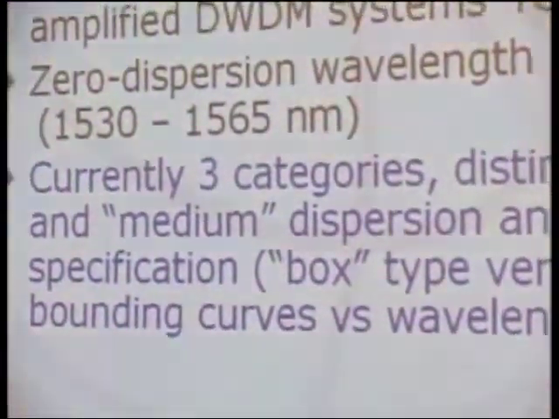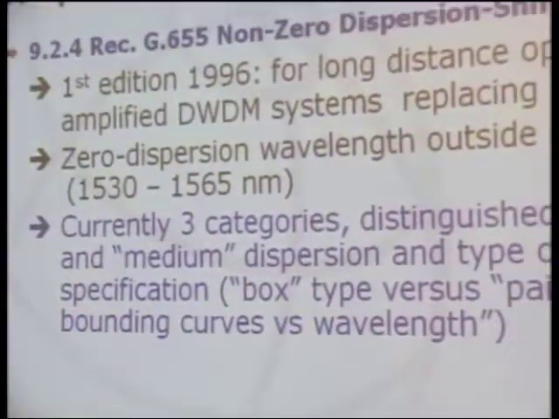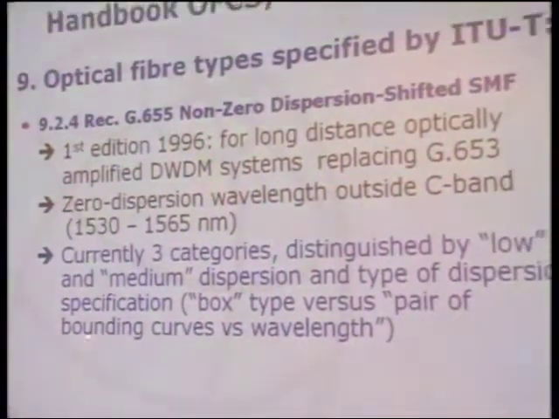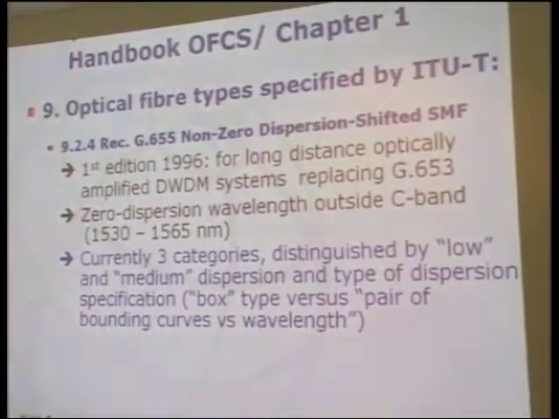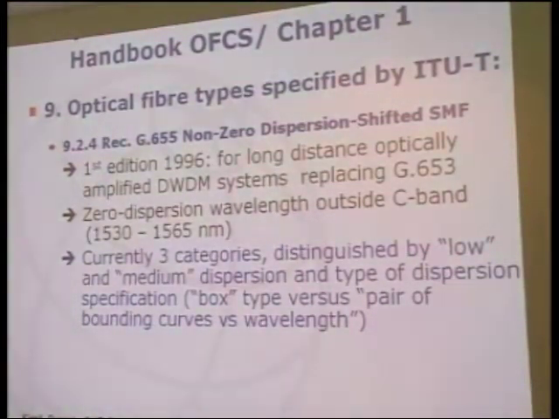So that's the band from 1530 to 1565 nanometer. And currently, we have three categories in this class, distinguished now by low and medium dispersion, and the type of dispersion specifications: a box specification, versus a pair of bounding curves specification. I'll explain that in a moment.